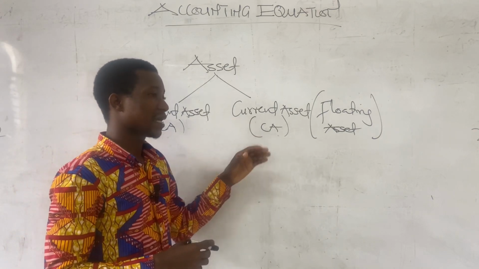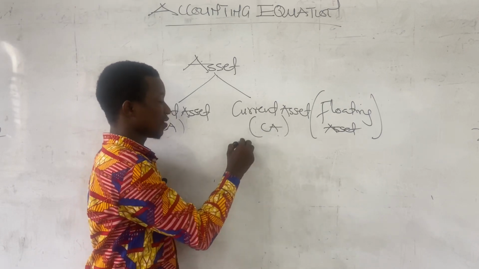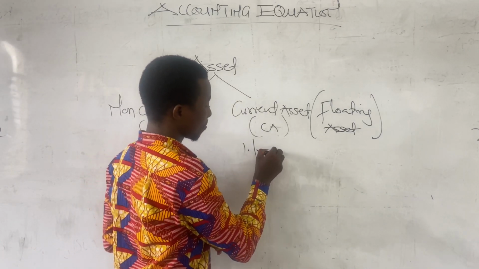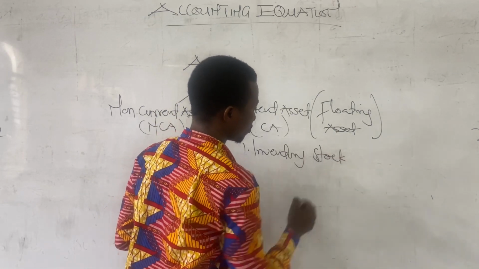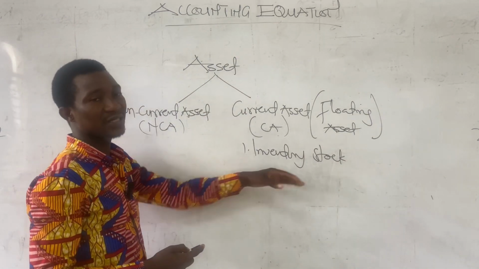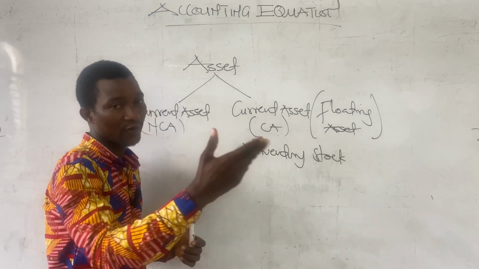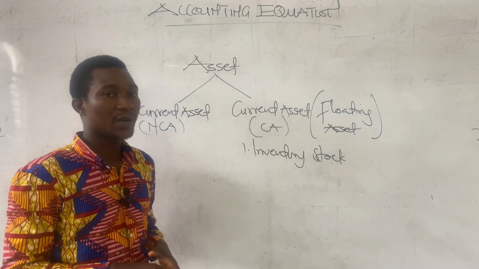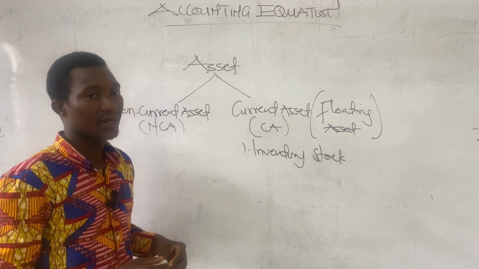An example of this is inventory, or stock. Inventories are the items that are acquired for the intention of reselling. If you acquire any item for the purpose of reselling, then that item should be considered as a current asset.